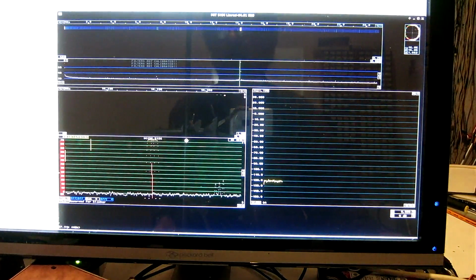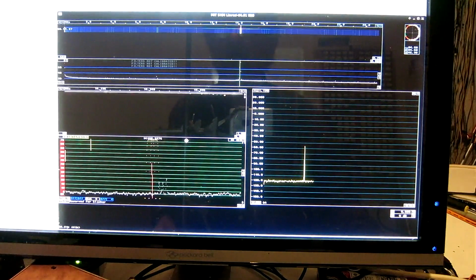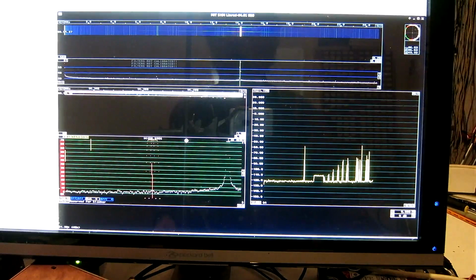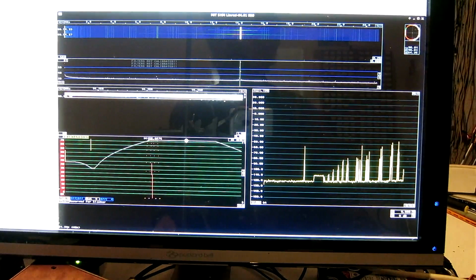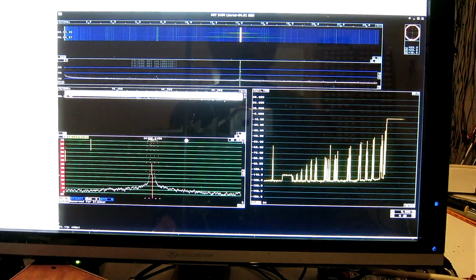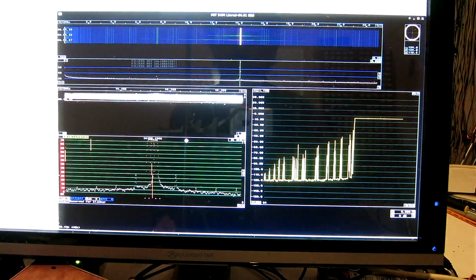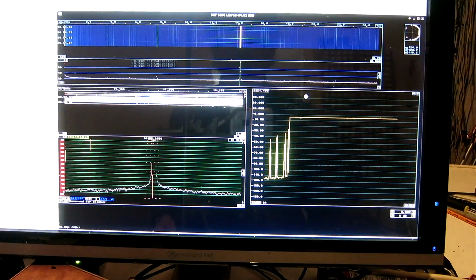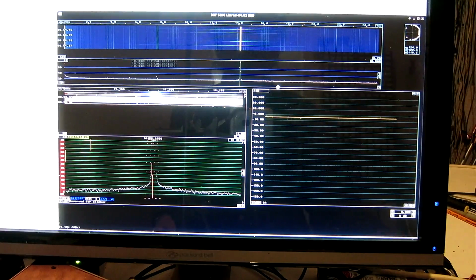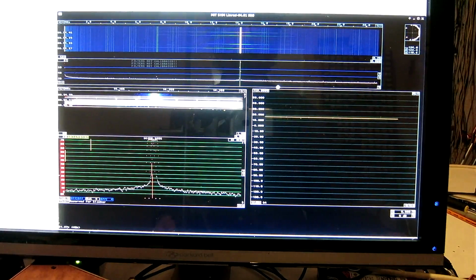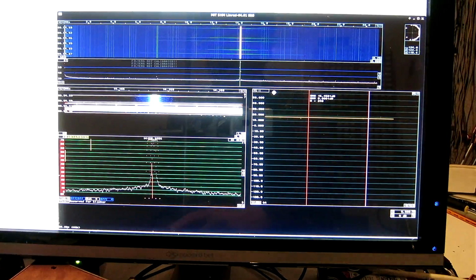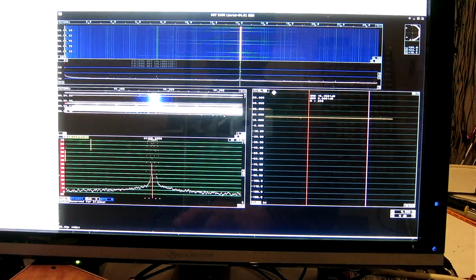And now things are different. Here's the signal, which is at 16.46, 16.46.